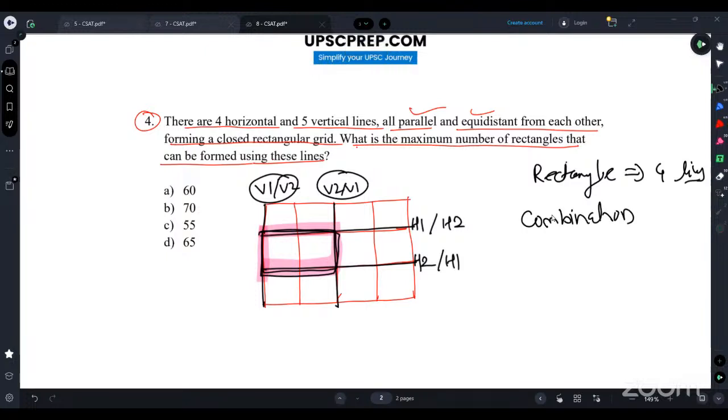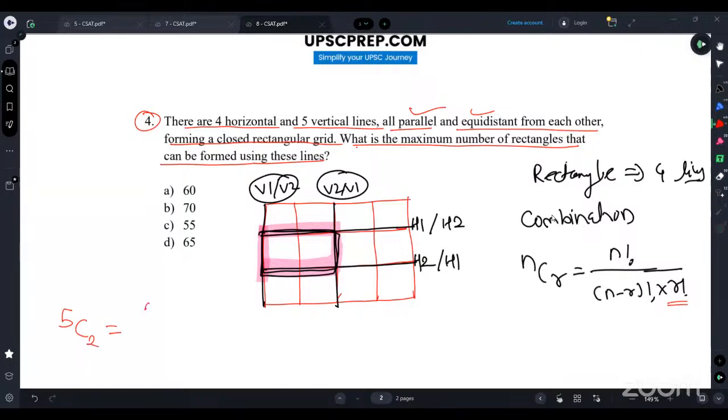So what is the formula for combination, guys? nCr is equal to n factorial upon (n minus r) factorial into r factorial, because this r factorial is taking care of the order, which will not matter for selected things. Now you have total five vertical lines, and you have to select two vertical lines out of it.